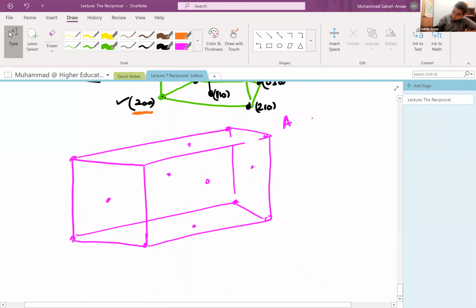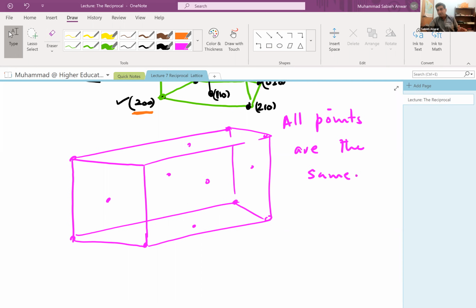All points are the same, because if you perch yourself on any point inside the direct lattice, you will see the same environment. So there is no uniqueness about any point whatsoever. Every point is just the same.